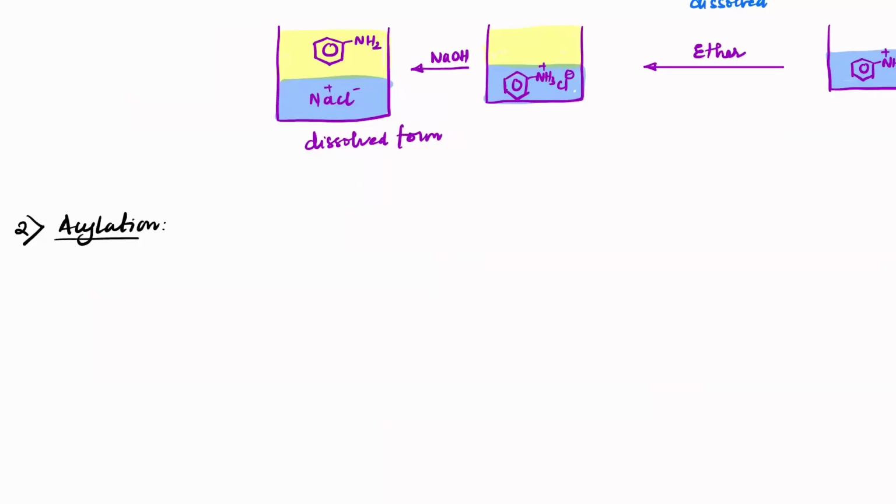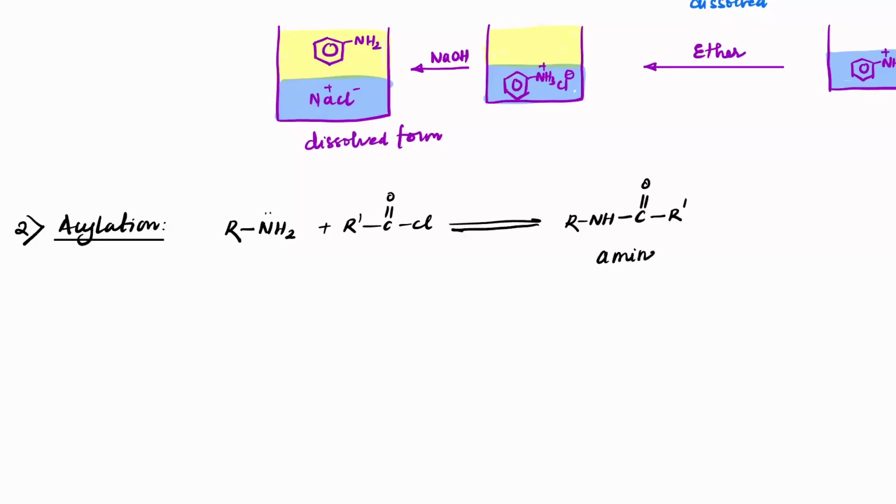Acylation is when you take RNH2 and react this with R'COCl, an acid chloride, or an anhydride. In that case, what you will get is RNH-C(=O)-R', so an amide will form, plus Cl minus.